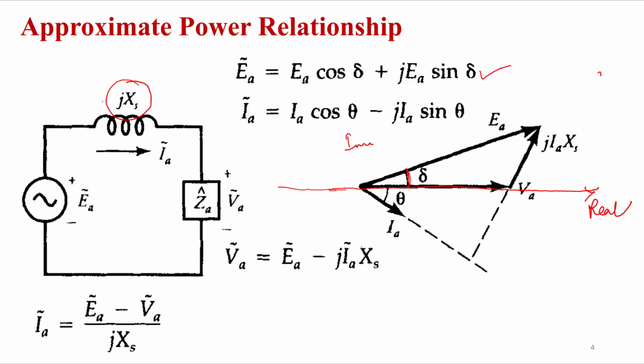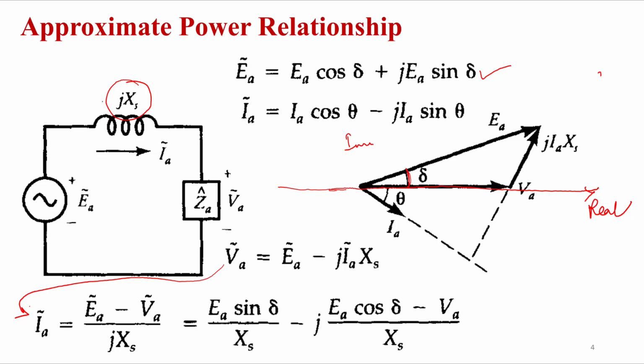Then if I find IA from this equation, it will be EA minus VA by J of XS, right? Now I'll substitute the real and imaginary terms of EA, because VA is a real quantity, since we have taken VA as reference, in phase with the real axis.